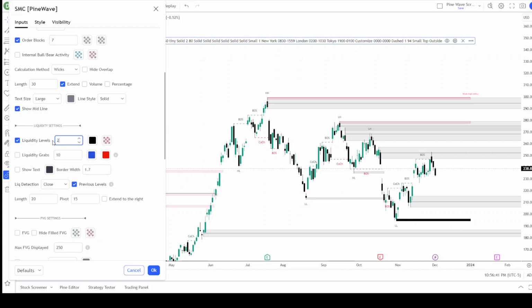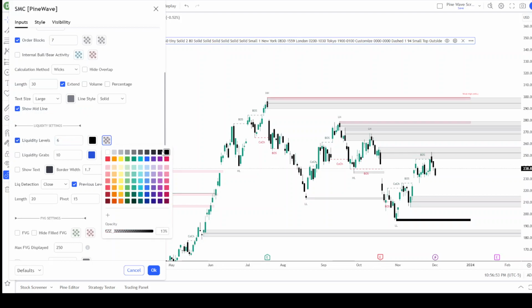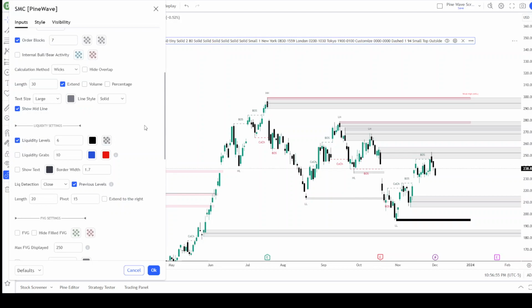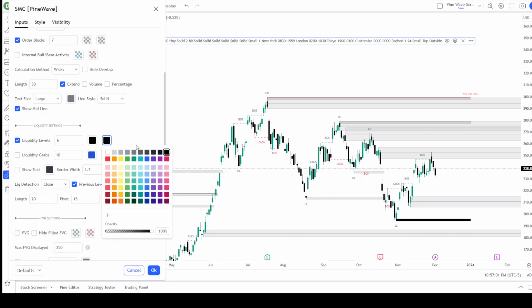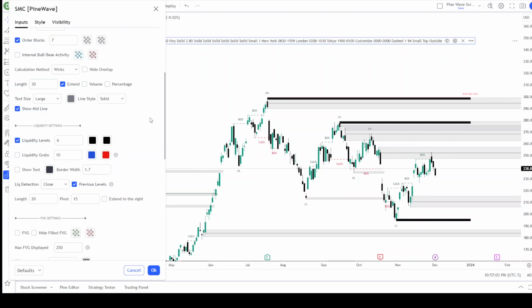Let's try and adjust this and see if that's the thickness. Nope, that's just how many liquidity levels we do back, probably. So I would change these.